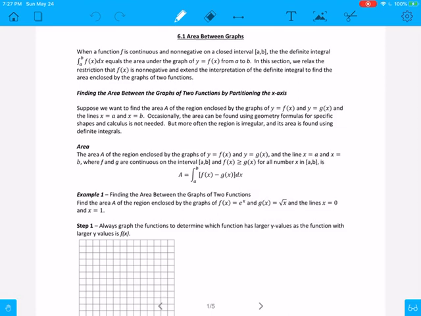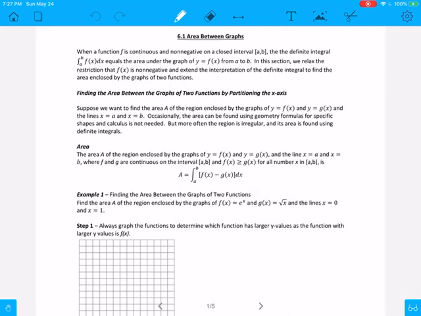Occasionally, the area can be found using geometry formulas for specific shapes. If you could fit exact triangles and rectangles into the shape, and they do this in physics, then you could find the areas of the triangles, rectangles and half circles, and just use geometry and add up all those different areas.